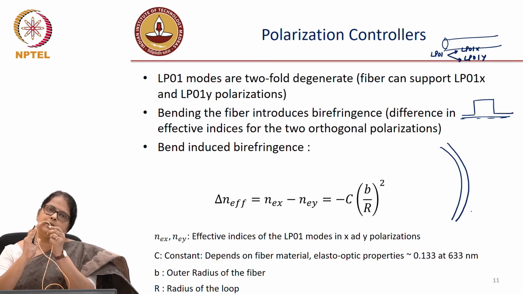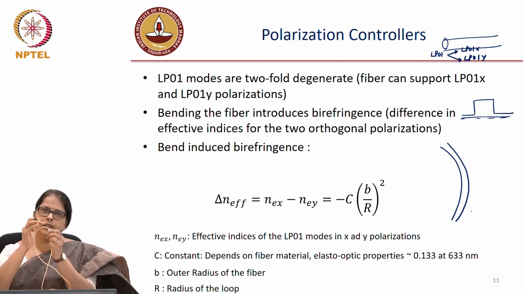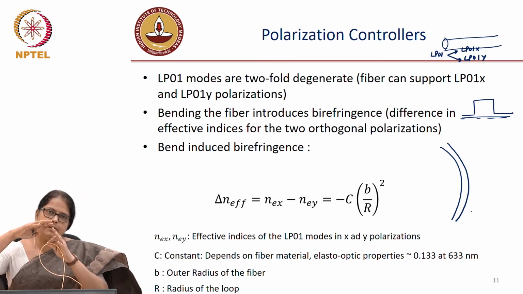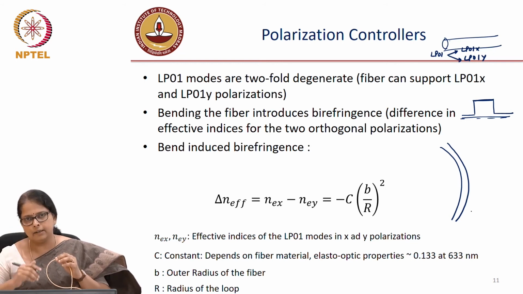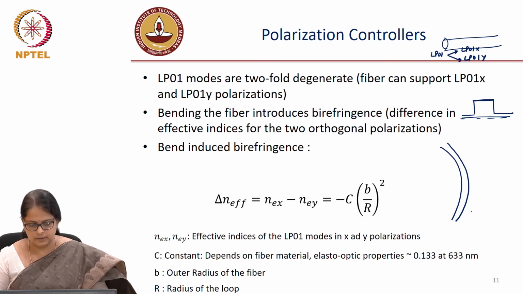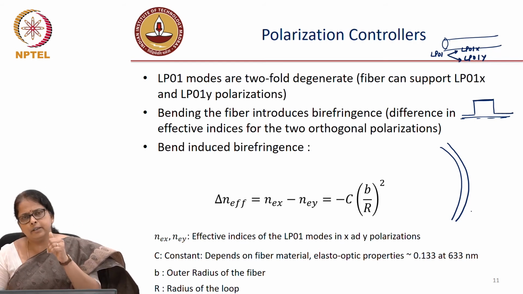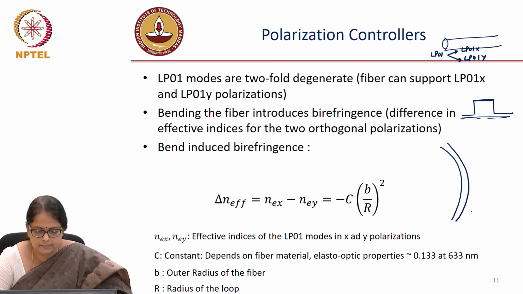The light propagating through the fiber now effectively experiences a higher index in the lower region and a lower index in the higher region. Simply because when we bend it, some stress is introduced, and so instead of being uniform, the light sees a slightly changed refractive index profile, and because of this, the degeneracy in polarization is broken. The two orthogonal polarizations will effectively see a slightly different refractive index at the bent region.